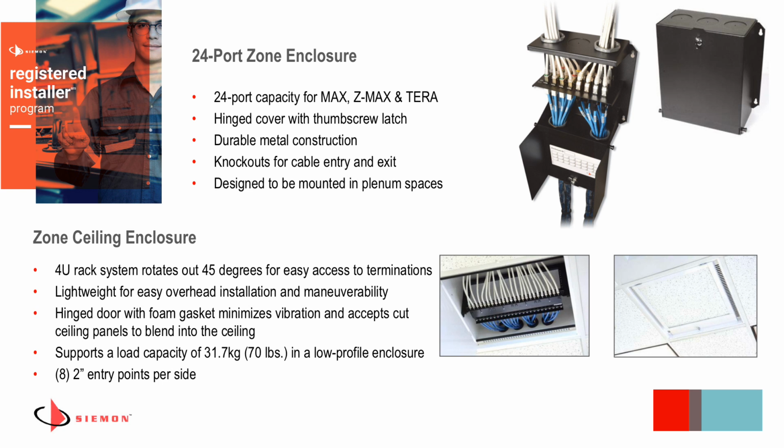If you want to put the cabling directly in a 2x2 ceiling tile in a drop ceiling, then an option could be the zone ceiling enclosure, which we've shown on the bottom here, which is a much higher density type of application, as you can support up to 4 U's or 4 rack mount spaces of connectivity into these locations.